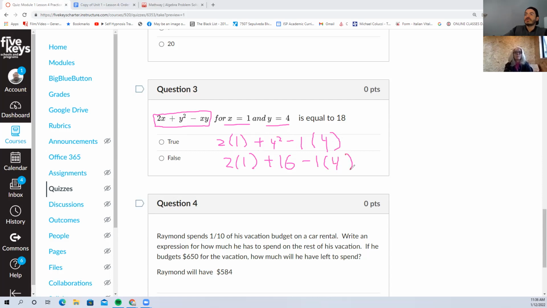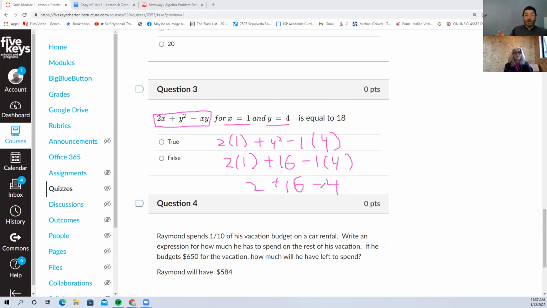Okay, now I have multiplication going on and I have addition and subtraction. I'm going to rewrite these multiplications so that they just go away. 2 times 1 is 2. 1 times 4 is 4. Now I have addition and subtraction, and when I have addition and subtraction, it's the same step.